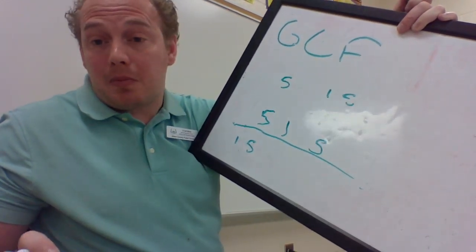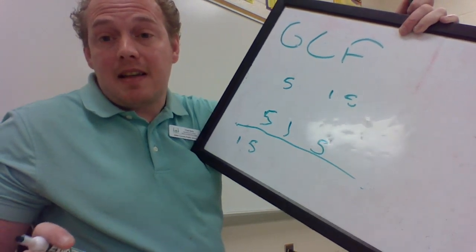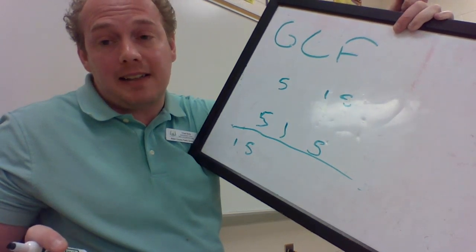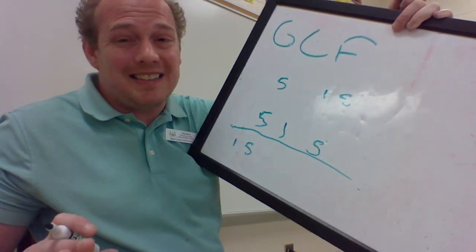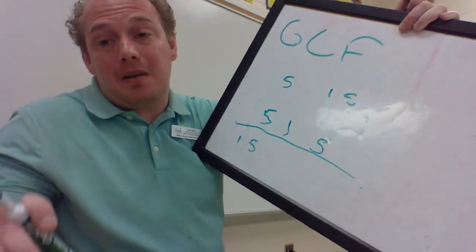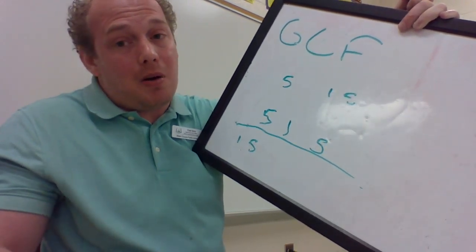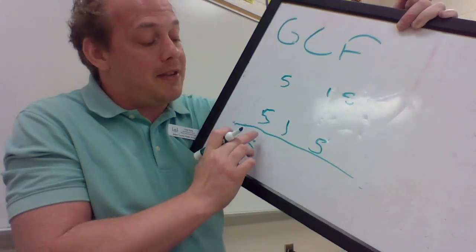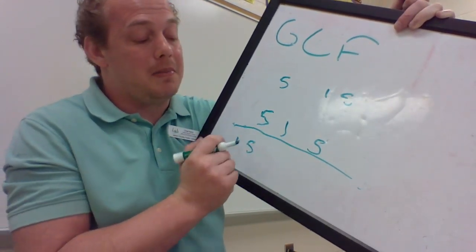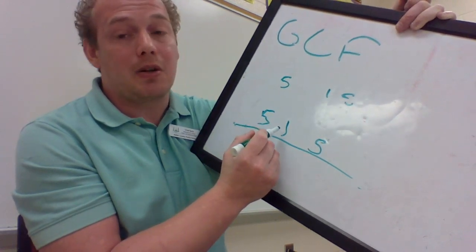And what a prime number means is that the only two factors that number has are 1 and itself. Now, most odd numbers are prime, not all, but 5 is an example of an odd number that is also prime. So the only two factors are 1 and 5.